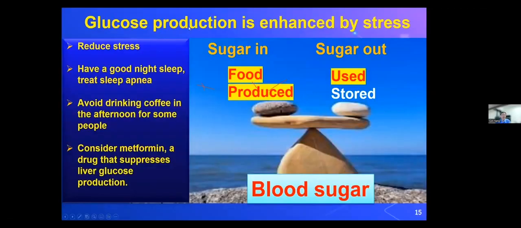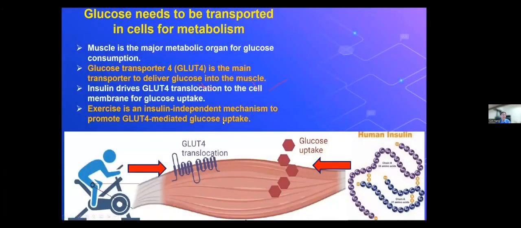So these are two factors for sugars in. There are two factors for sugars out, to remove the sugars from the circulation. One is use. The most significant organ for sugar consumption is muscle. Muscle has a molecule called glucose transporter number 4, GLUT4. The muscle cells cannot really use sugars, glucose specifically, without GLUT4.